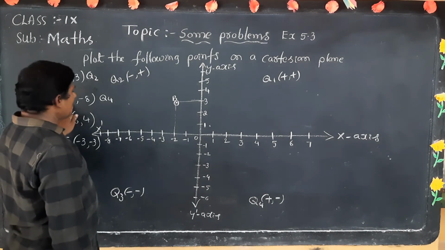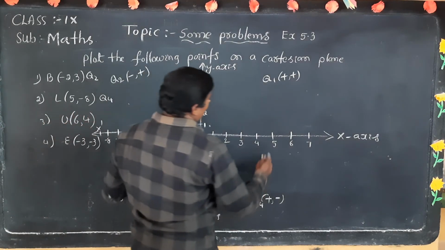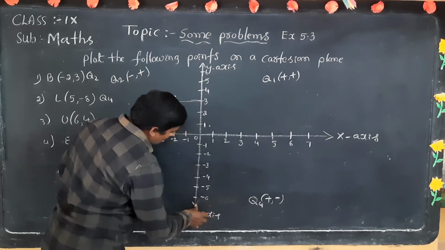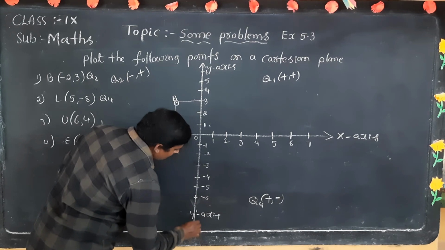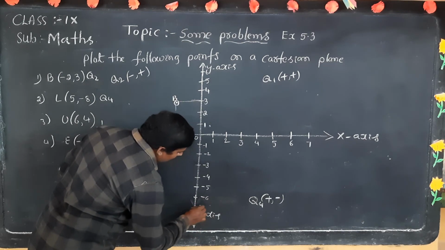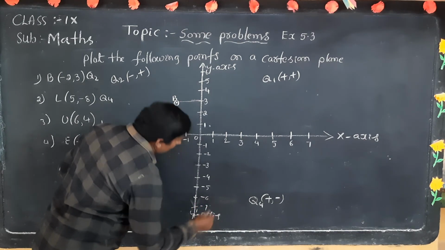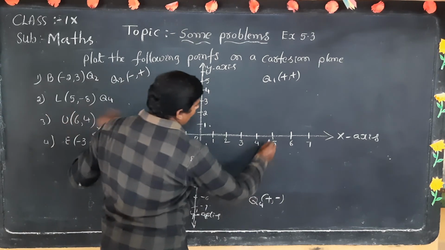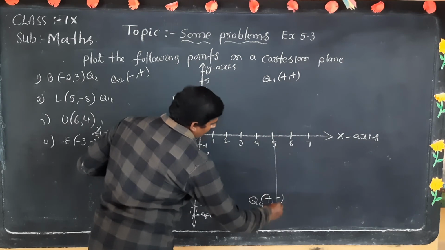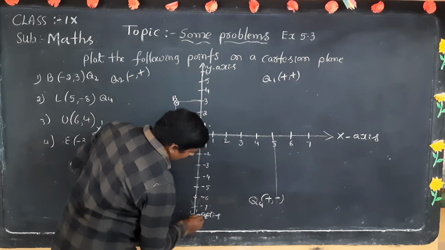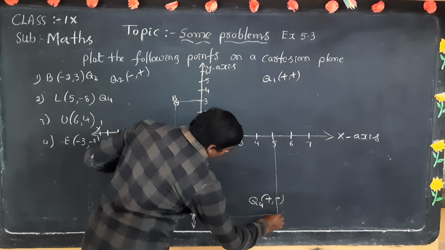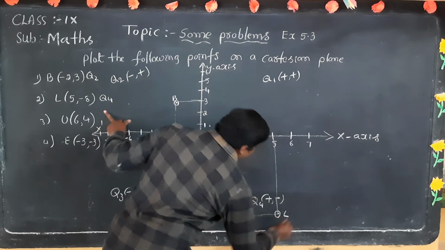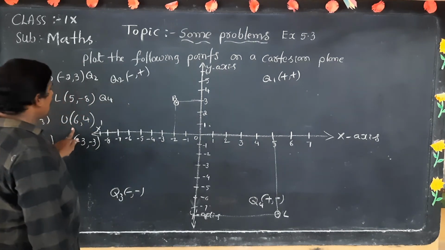So for 5, -8, see, still more down: -7, -8. This is the point L. Next is (6, 4).